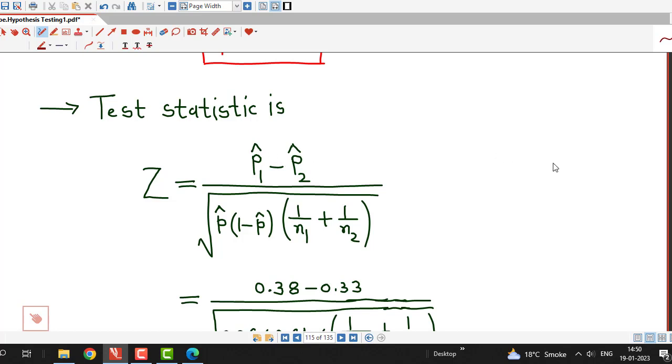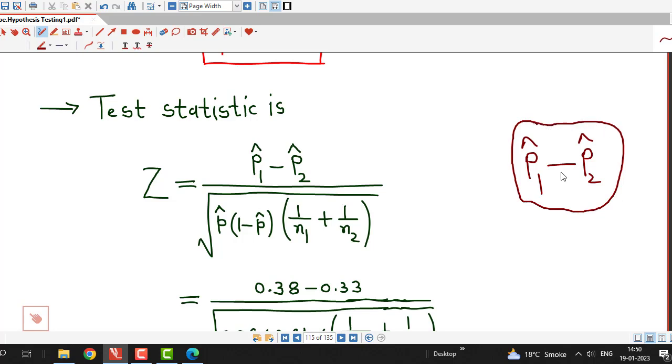We know that because sampling distributions of p1 hat and p2 hat are normal, sampling distribution of p1 hat minus p2 hat is also normal, provided both the samples are independent, and this is the formula for test statistic.